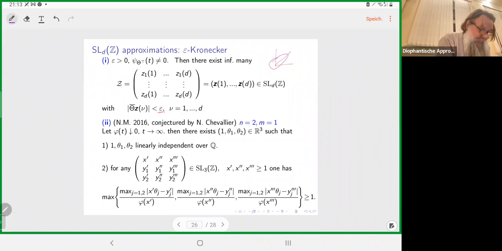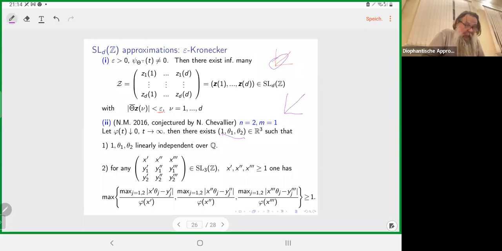But it is the only result we can prove. As was conjectured by Nikolay Moshchevitin, it is not possible, for instance, for simultaneous approximation, for approximation to one line. It is possible to find such a vector for which there are no reasonable approximations by vectors which form a unimodular matrix.